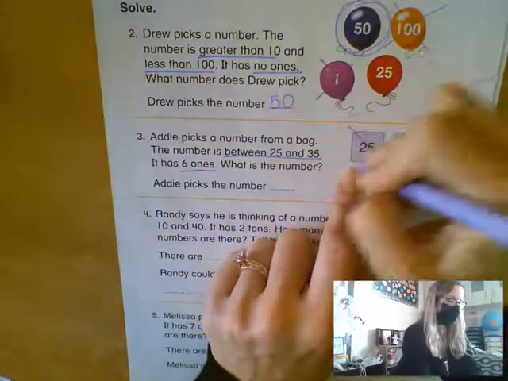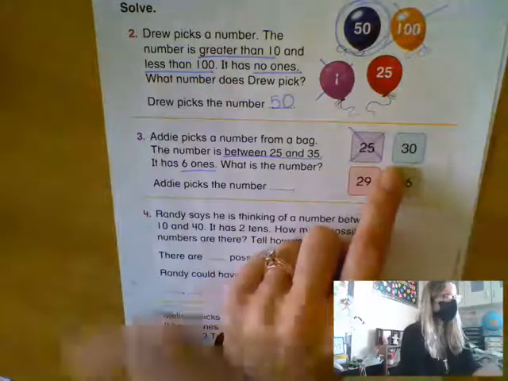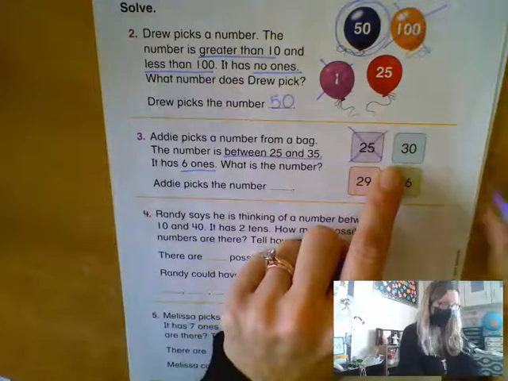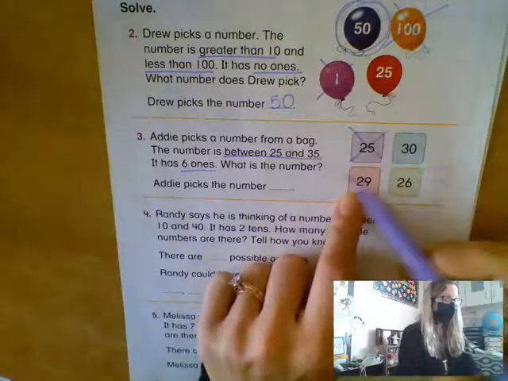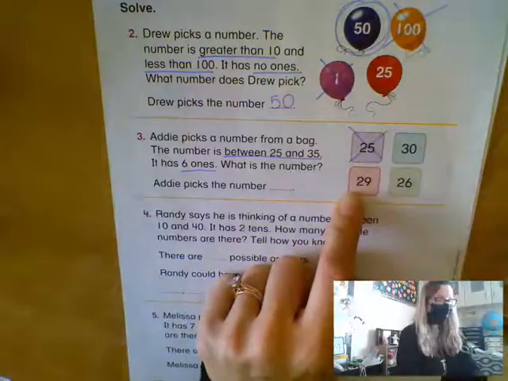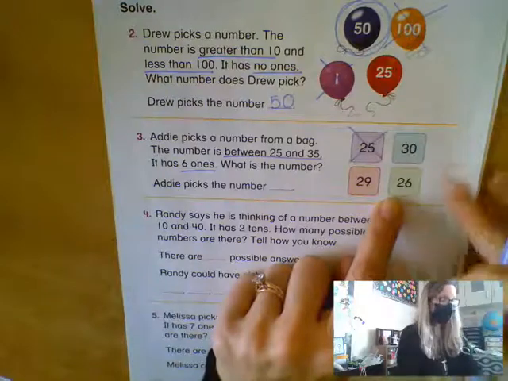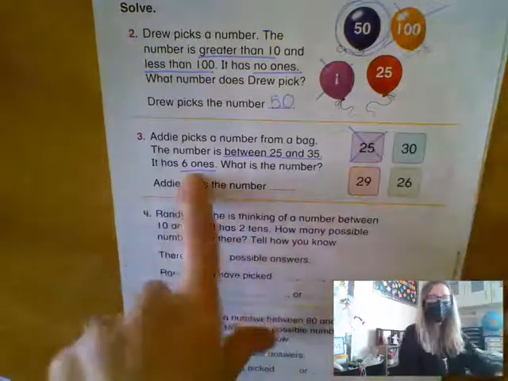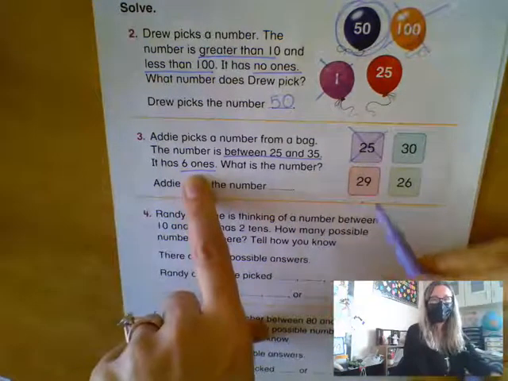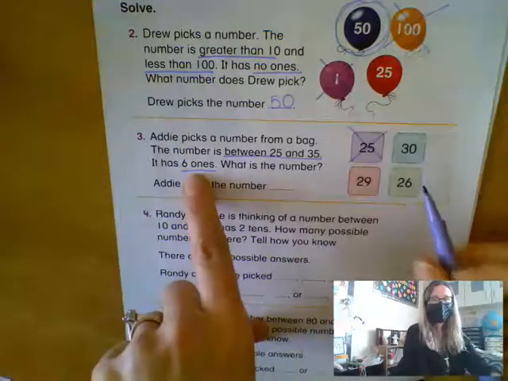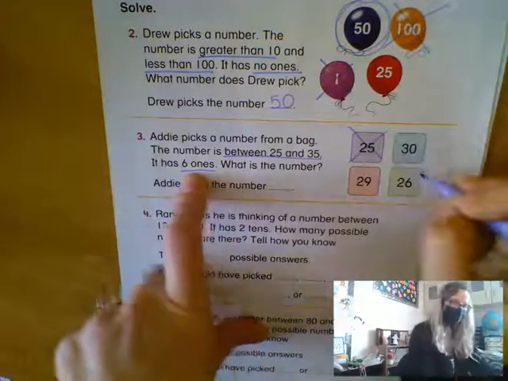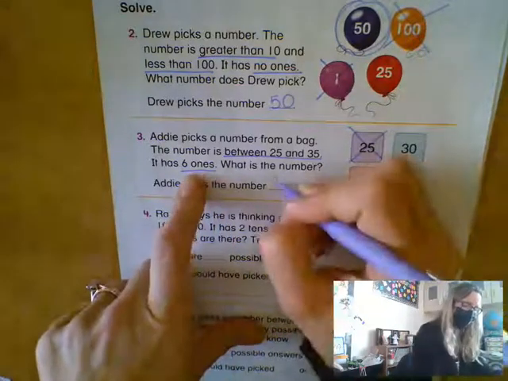No. Is 30 between 25 and 35? Yes. Is 29 between 25 and 35? Is 26 between 25 and 35? Yes. It says it has 6 ones, Mateo. So which number must it be? It must be 26. Good job.